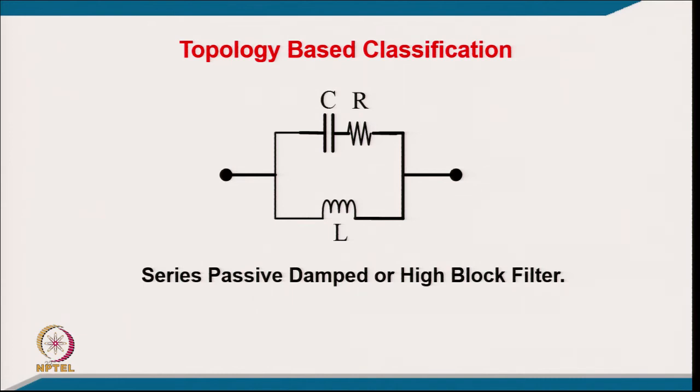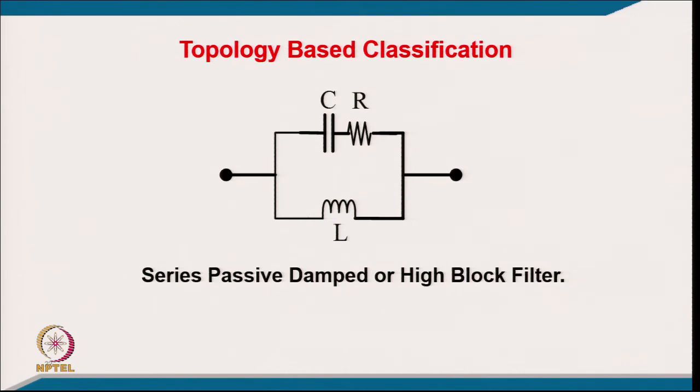Coming to the typical damped filter for series, a high block filter, that is the typical circuit where we connect the resistance in parallel with the earlier L and C. So, that takes care that all the higher order harmonic currents will be virtually blocked. At the fundamental frequency, this also behaves just like a small inductor and takes a very small voltage drop.